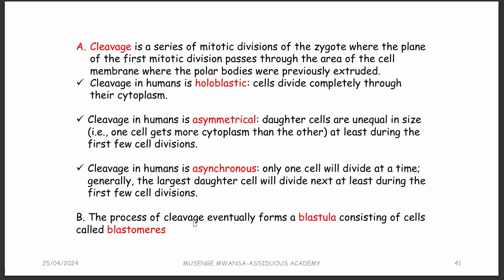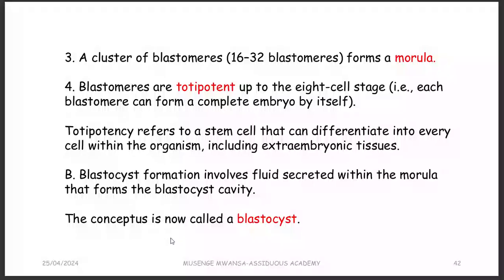Now the process of cleavage will form a blastula which consists of cells which we call the blastomeres, right? Blastula, also known as blastocyst. At 16 cells it is known as a morula. Take note that blastomeres are totipotent up to the 8 cell stage.